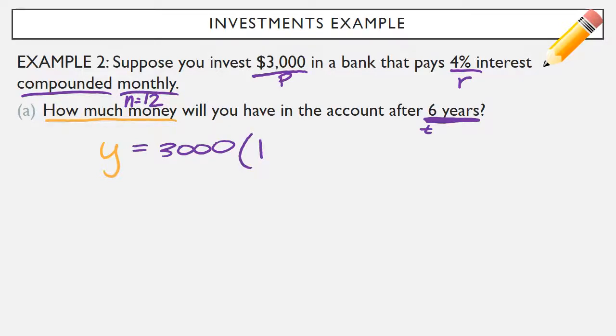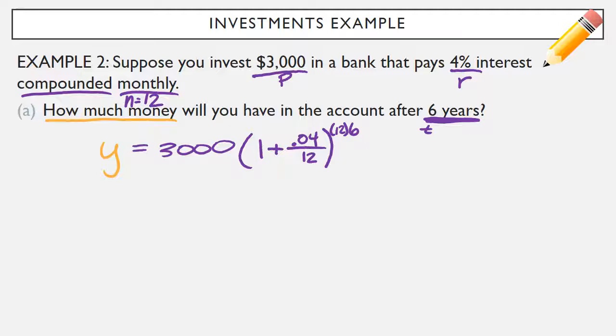I have 100% of that, and I'm adding on 4% every month. So monthly, we have to think of that percentage spread out over months. And after 6 years, I have to times that by 12. So I'm actually going to earn interest 72 times because 12 times 6.